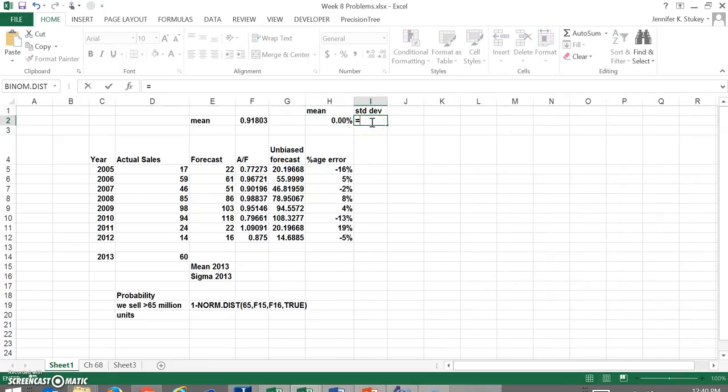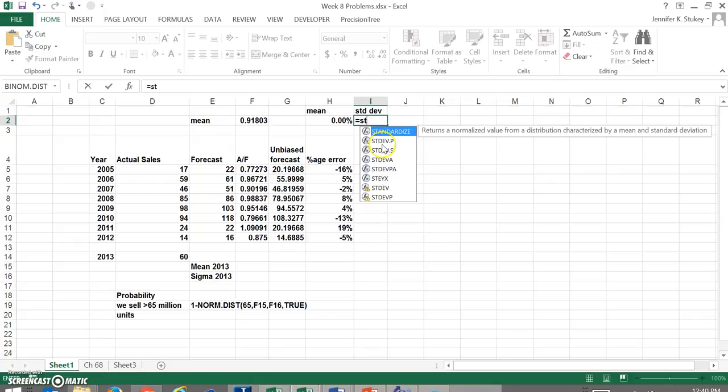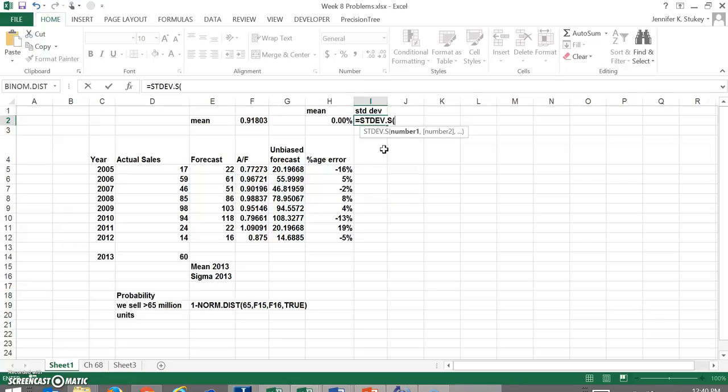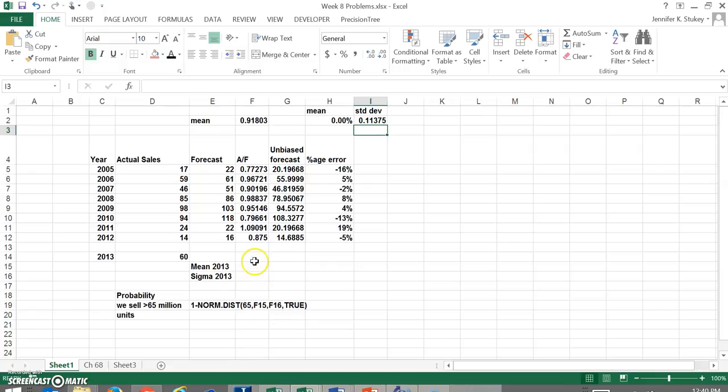Now we are going to calculate our standard deviation. To do that, you start with an equals and use STDEV.S, because it's based on a sample and we want to ignore the logical values and text in the sample. Then we just select this column. You should get 0.11375.